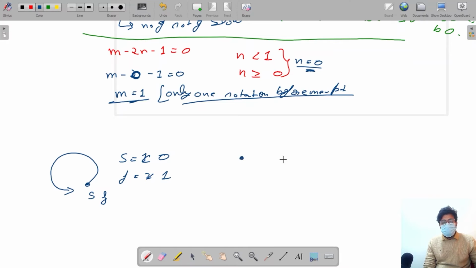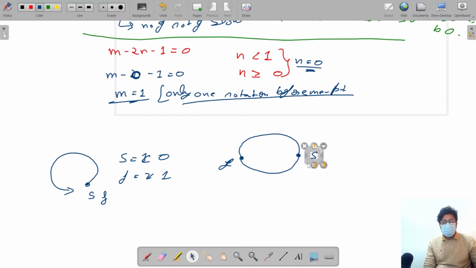And the second example is this. So slow is here, fast is here. We move them. So let's move slow. Slow goes here, fast goes and comes back to here. So one round for fast is done.